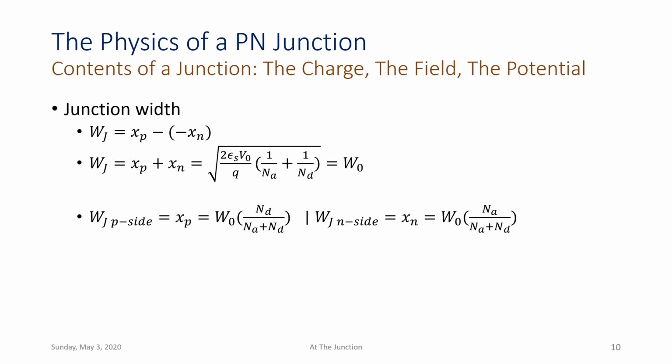And the width of the depletion region on the P side, x sub P, is given by the expression that you see on this slide. And the width of the depletion region on the N side, x sub N, is given by the expression that you see on this slide.